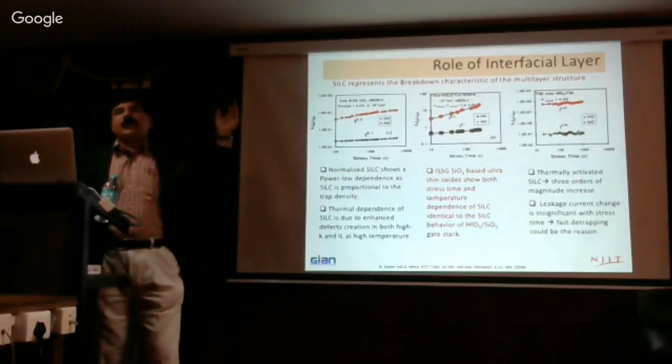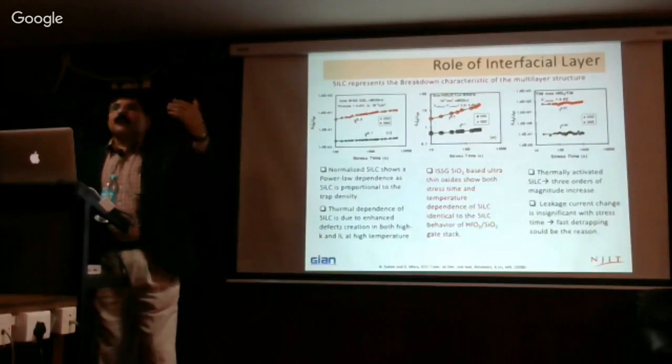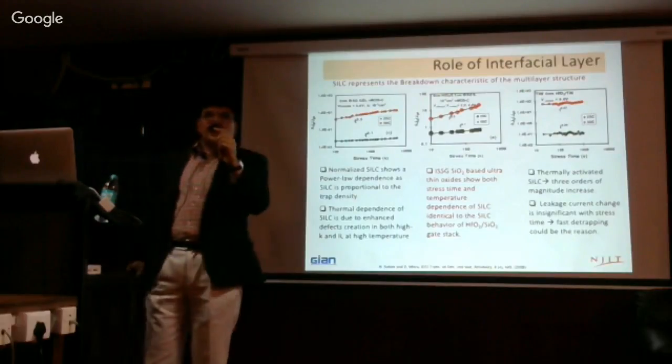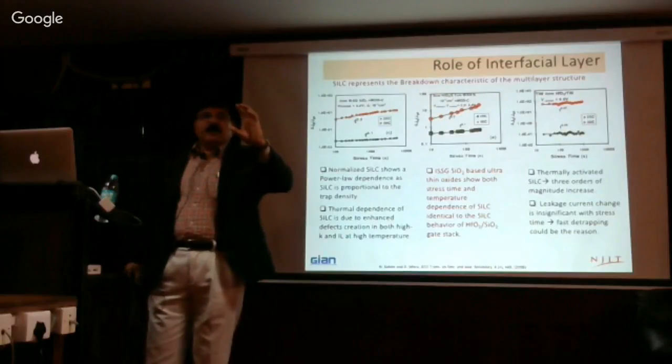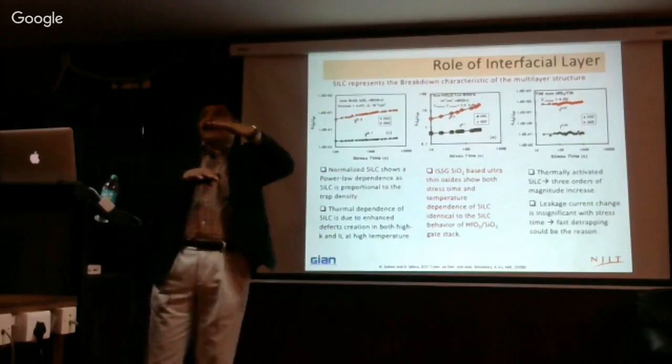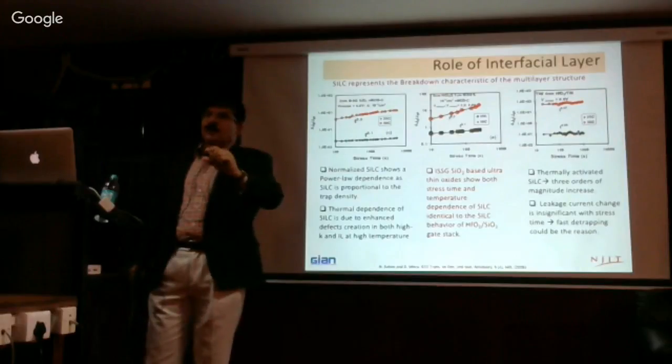Sort of, we are the first to report that, even though people knew, because the dielectric constant of silicon dioxide is smaller than the high K layer, if you have a gate stack and apply some voltage, the material where the dielectric constant is low has a much higher voltage across it.